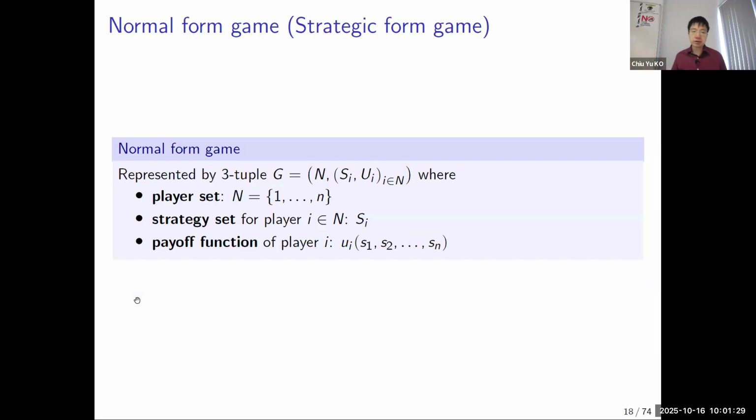Do note, just to remind again, the payoff function is a mapping from the set of strategy profiles to real numbers. That means the payoff function has to be well defined for everyone and for every possible combination of actions they are going to take.